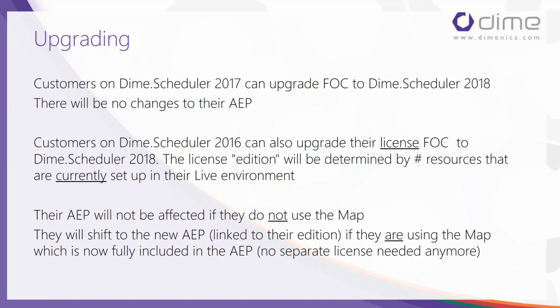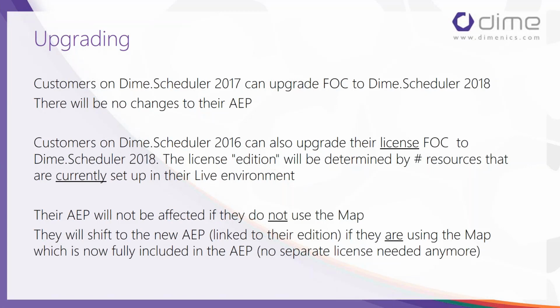It will stay the same. Customers, however, that are still on the Silverlight or 2016 version can also migrate free of charge to the latest release. We will just have a look at how many resources are currently scheduled in their live environment, and we will just issue a license that fits that tier.